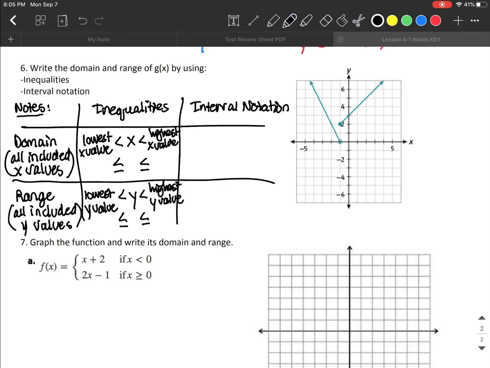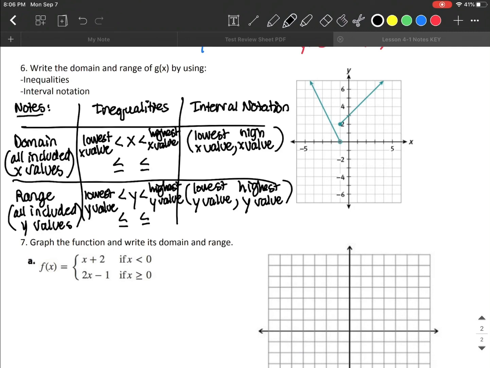For interval notation, I would just write that lowest x value and that highest x value as a point. So the left coordinate in the point would be the lowest x value. And then comma the highest x value and close the point. For range, I would do lowest y value, comma the highest y value, and then close the point.